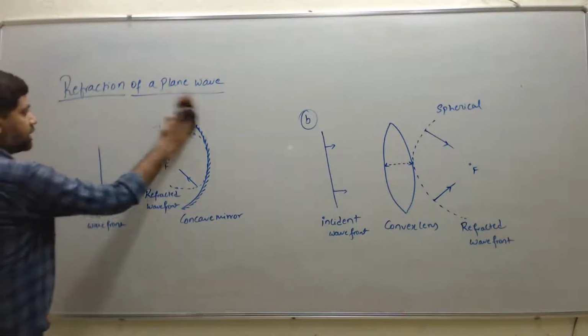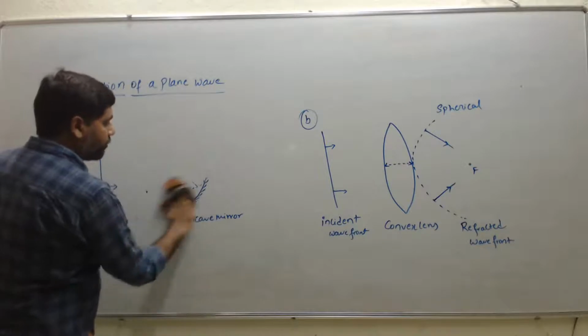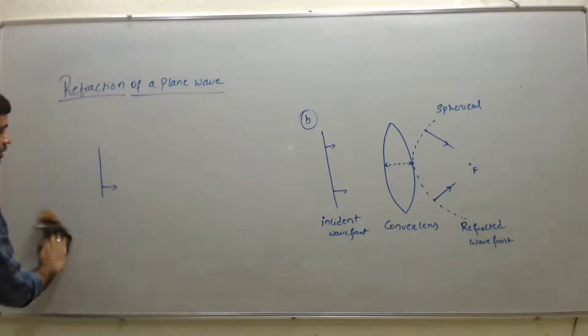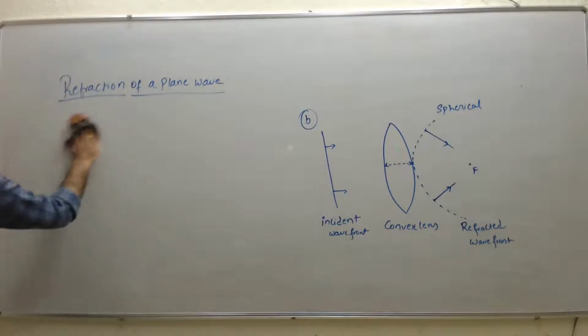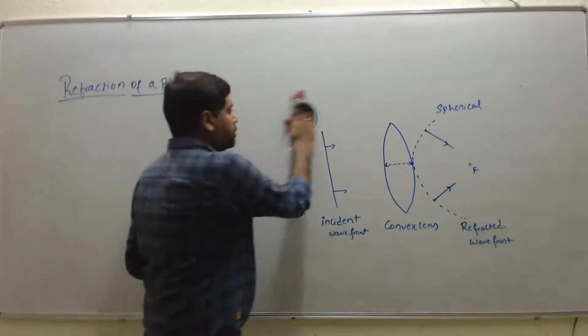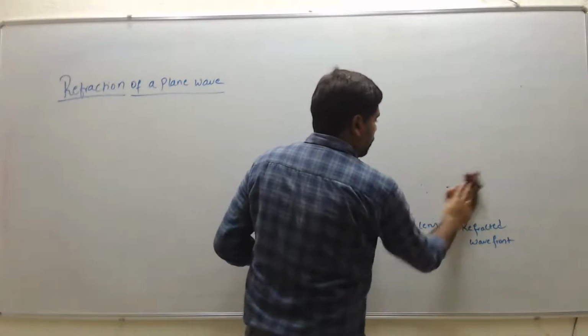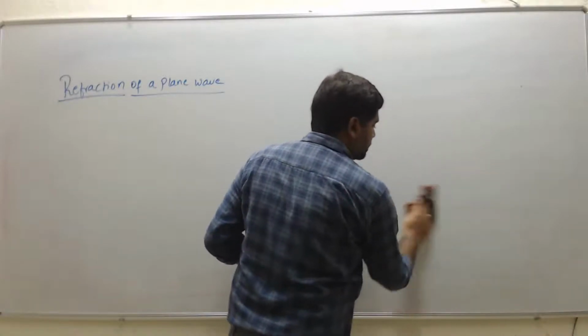So next, move on to the next topic, that is Doppler effect. Already we studied the Doppler effect in class 11, that is in the case of sound. But here we are going to study the Doppler effect in case of light. So what does the Doppler effect say?